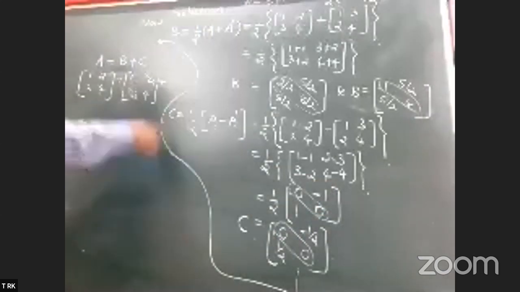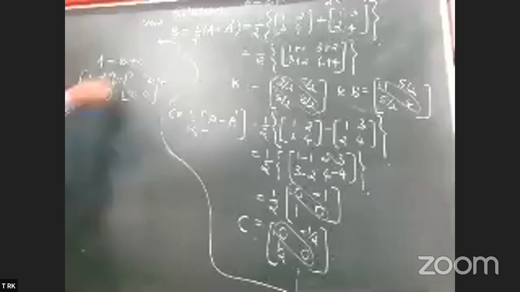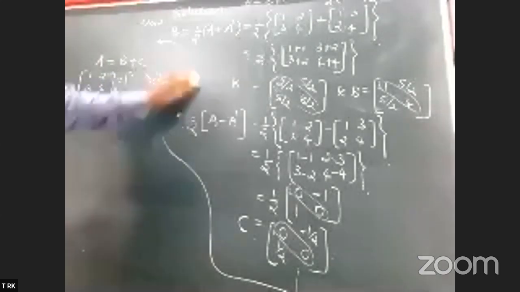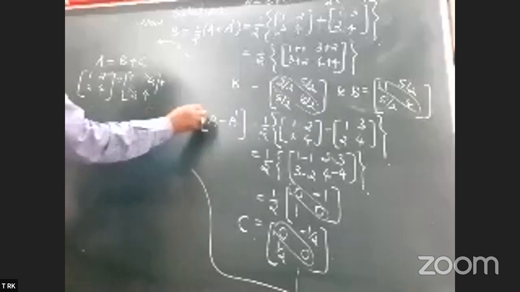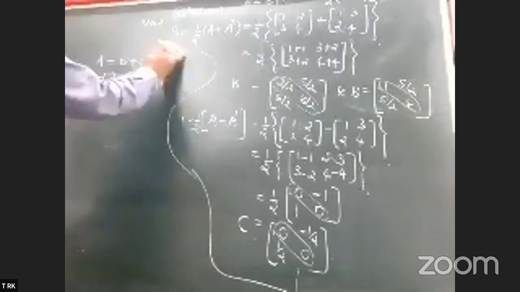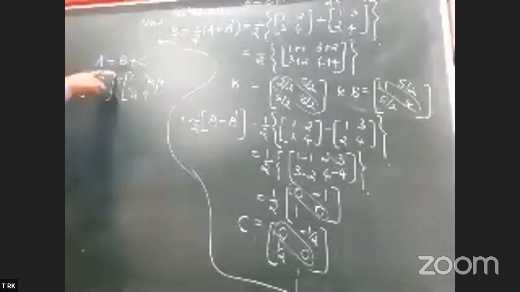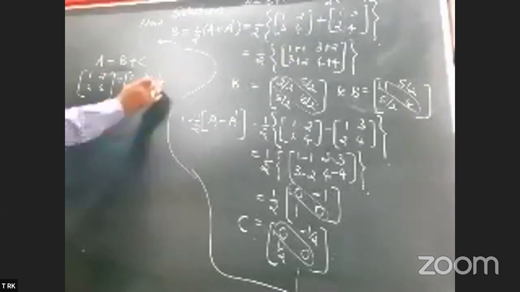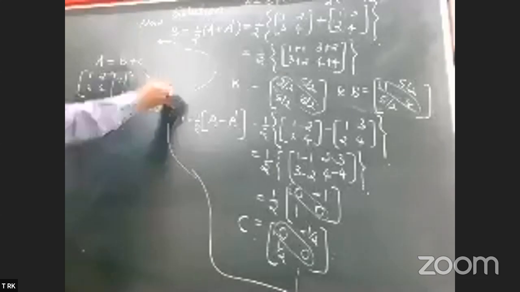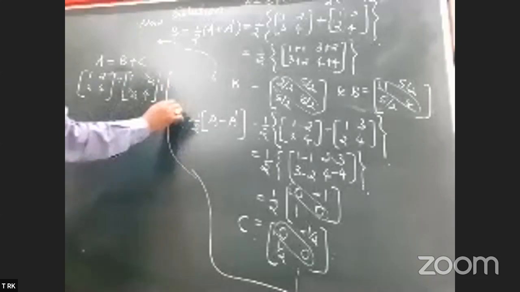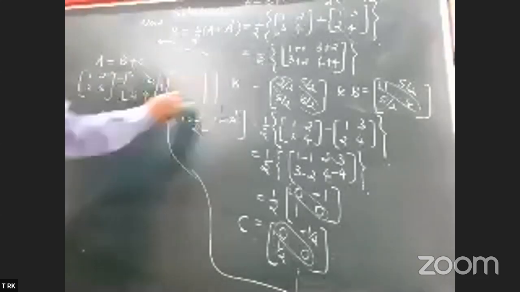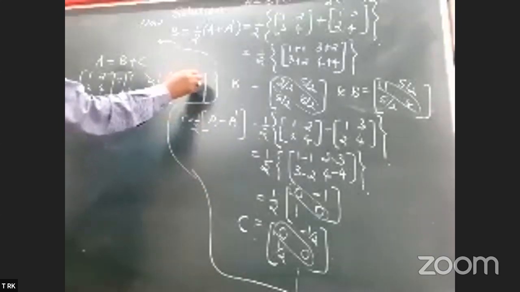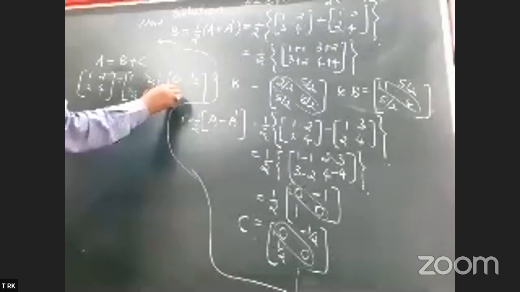So A is equal to B plus C. B is 1, 5 by 2, 5 by 2, 4. Next, what is C? C is 0, minus 1 by 2, 1 by 2, 0.